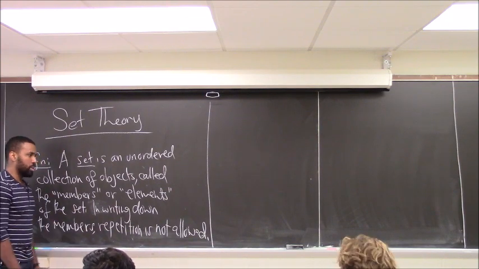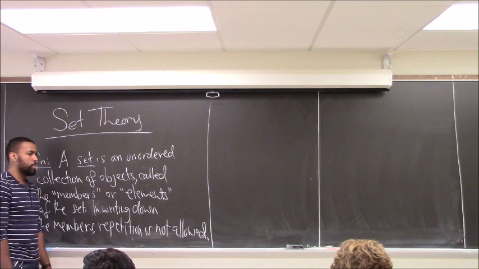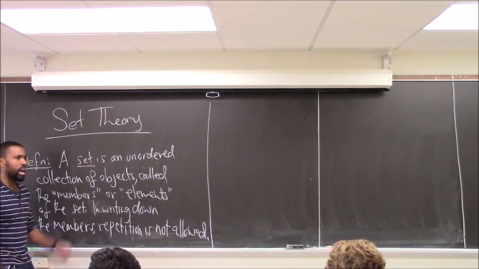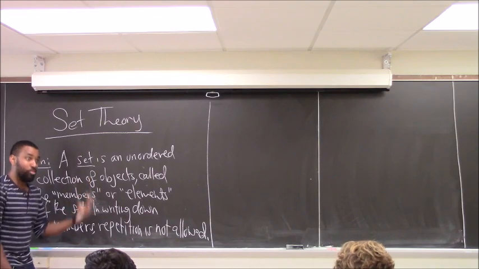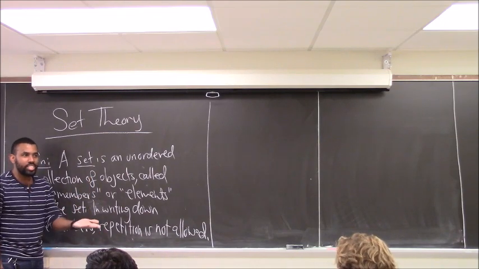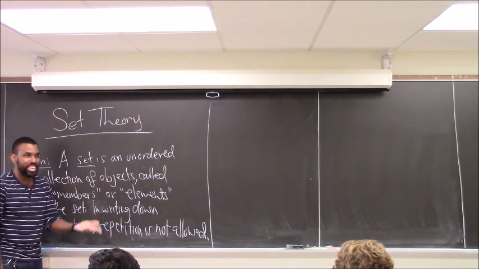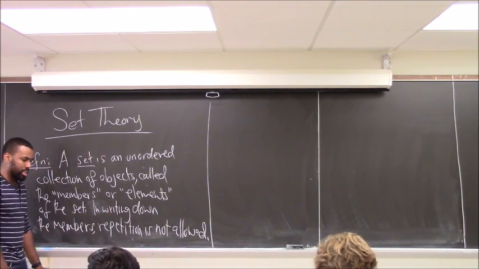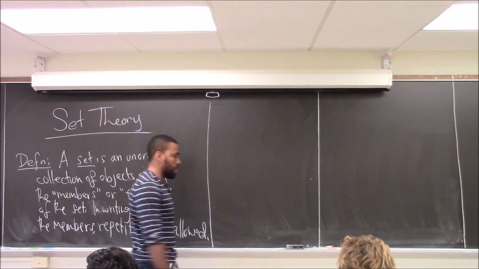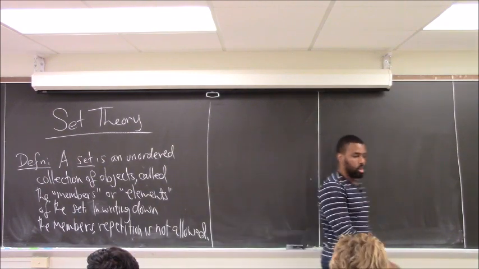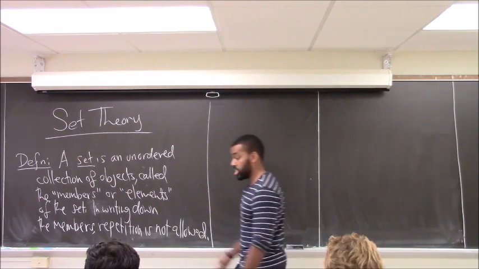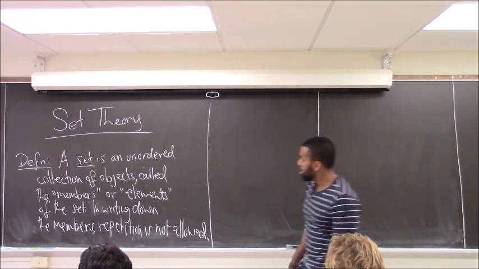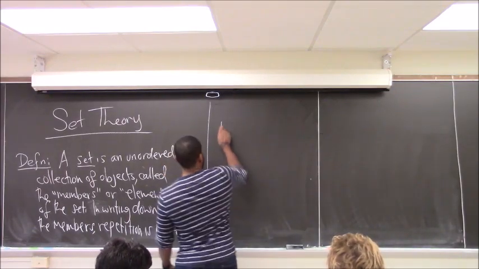It depends on the person. And also, repeats would be ignored. So I can't say, oh, we have Wi-Fi, we have Wi-Fi. You're just going to say I said the same thing twice. That's one amenity. So sets are collections with no repetitions and no inherent order. It's just an unordered, non-repeating collection of objects. We call these objects the members of the set.